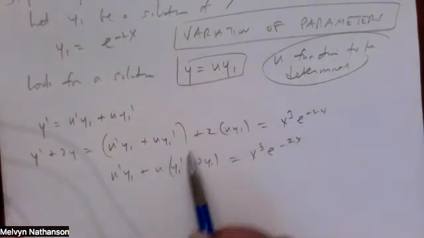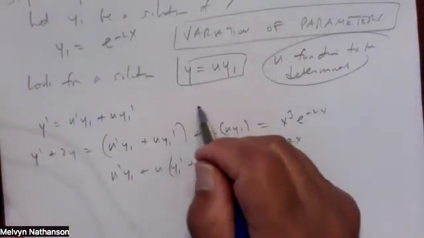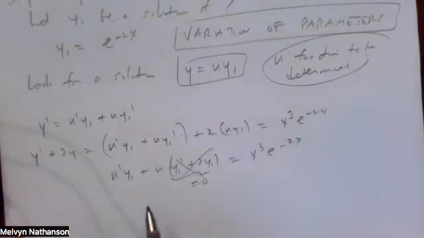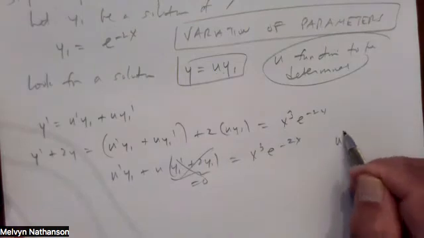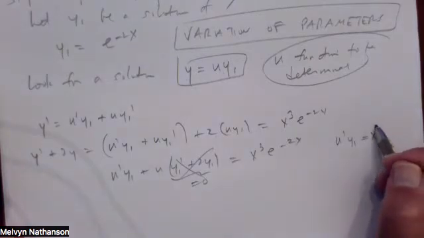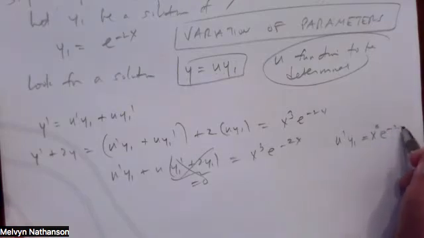But y1 is a solution of the complementary equation. y1 prime plus 2y1 is equal to 0. So that term disappears. And we just get u prime y1 equals x cubed e to the minus 2x.